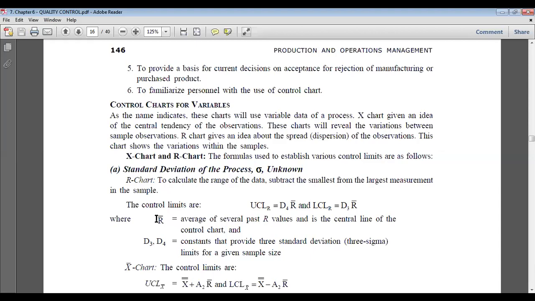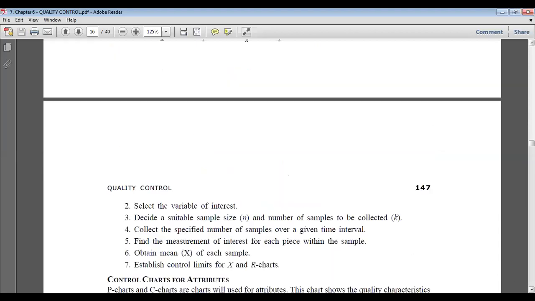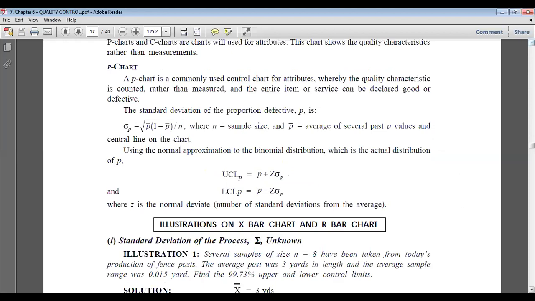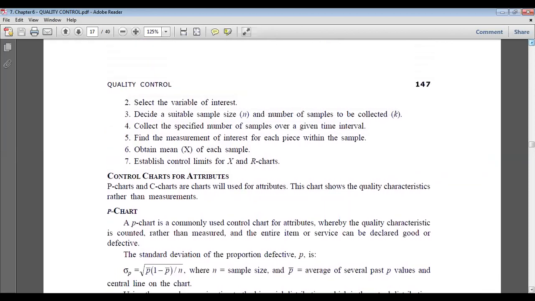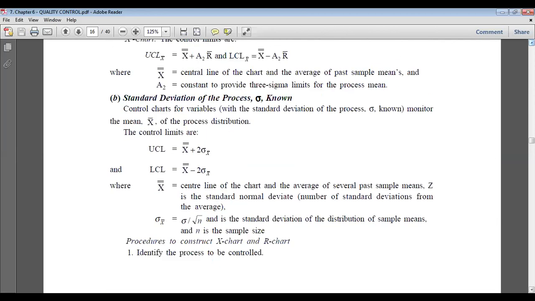Once we have defined the upper control limit and lower control limit for the bar R chart, for the bar X chart we have to find the mean dimension of all 20 parts. Then we will find sigma X, where sigma is the standard deviation.